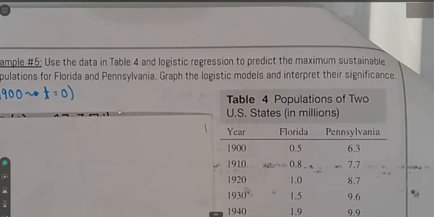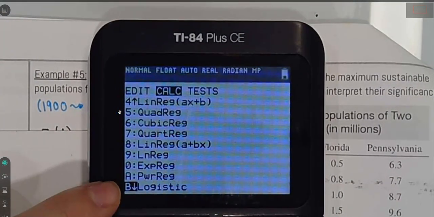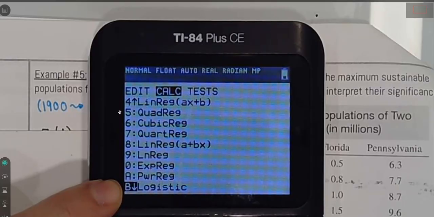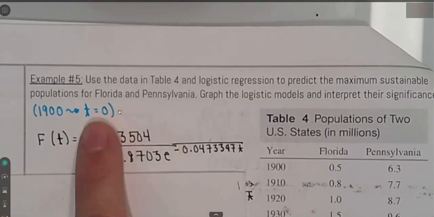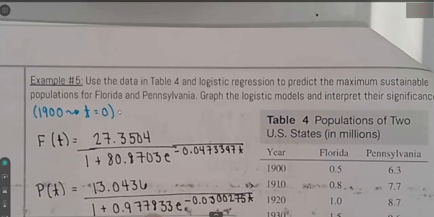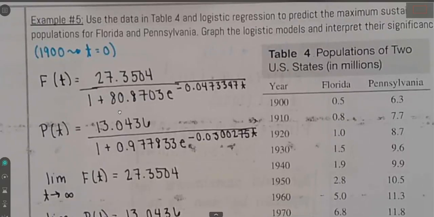Would you guys be okay if we just went over this? Regression models, I think you guys all feel pretty comfortable with them. They take a long time to type in all the values, so I'm assuming you guys are able to do that. This problem, everything's the same. The only difference is we're now using a logistic model, which is right here. I don't know if it's the same place for a regular TI-84, but you'd have to scroll down for it. And if you do this, you get this for Florida, and you get this for Pennsylvania. And I used F and P for Florida and Pennsylvania.